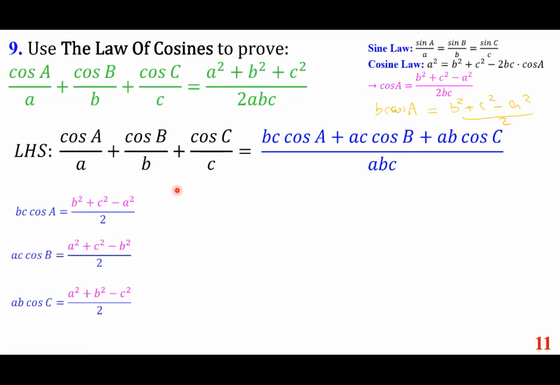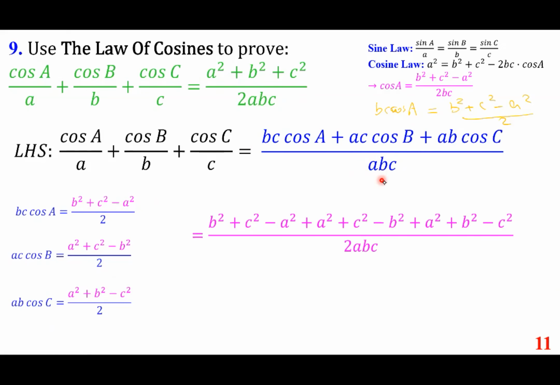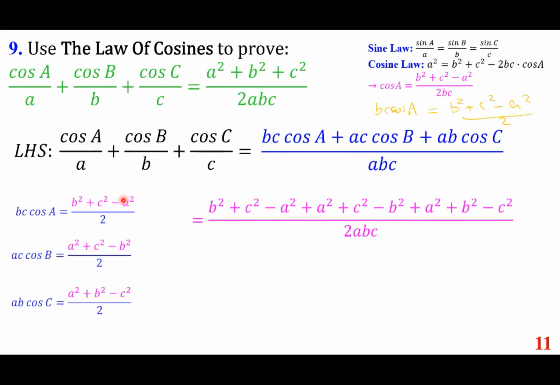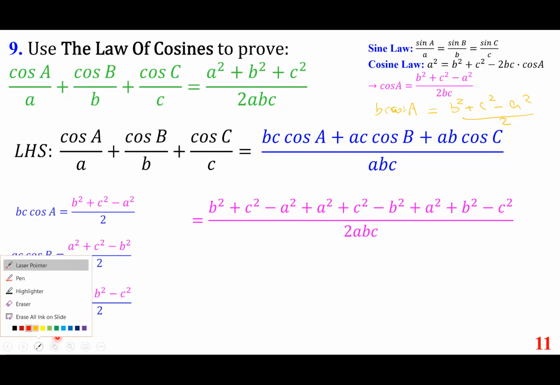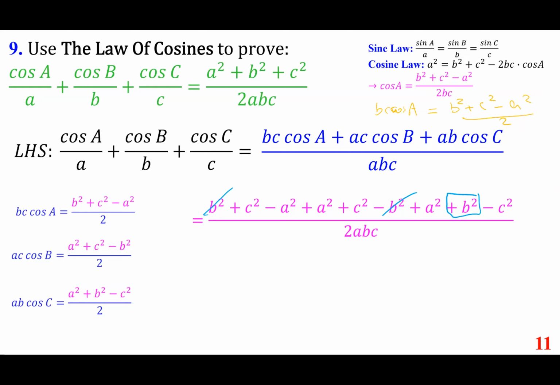So if I put all of those at top, this becomes a complex fraction. So I hope you can see that I can put this 1 over 2, this 1 over 2, this 1 over 2, and I bring the 2 down here. So what happens? Let's go with B squared and minus B squared. This one is left.